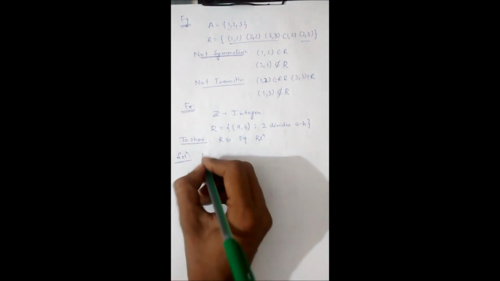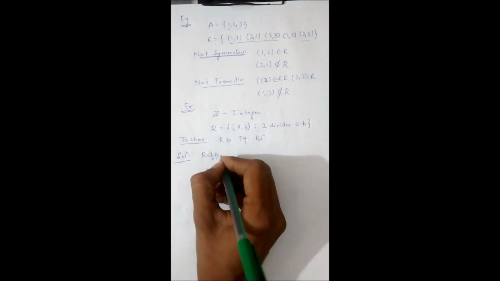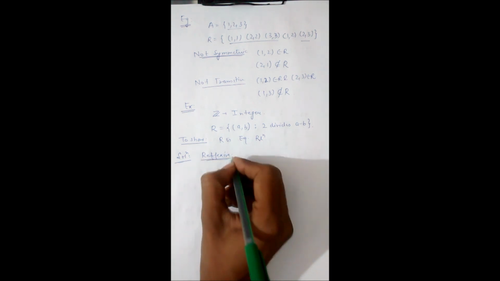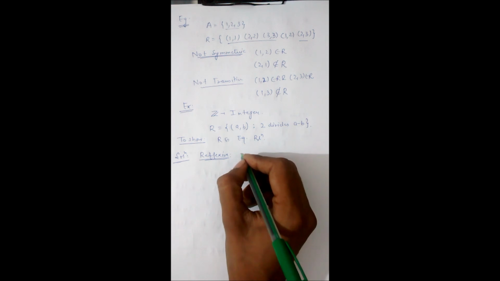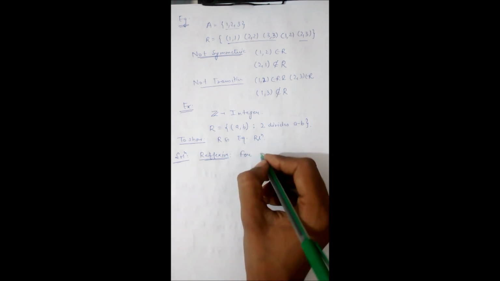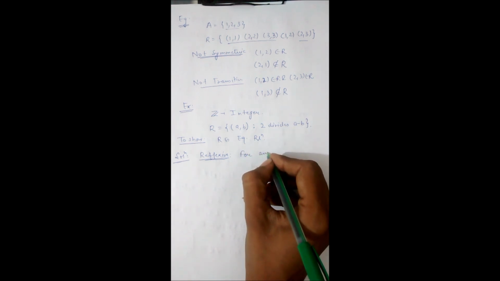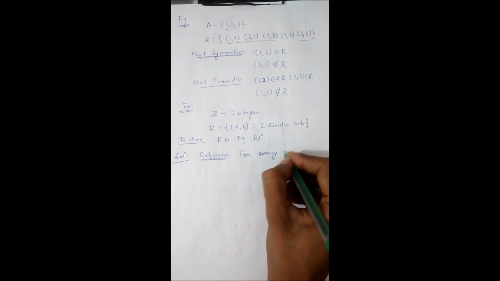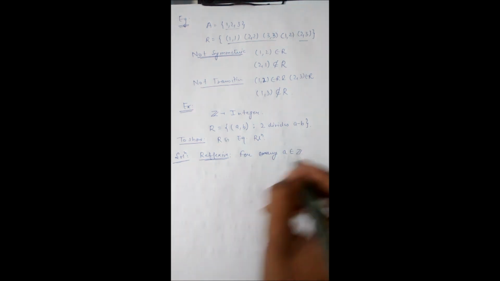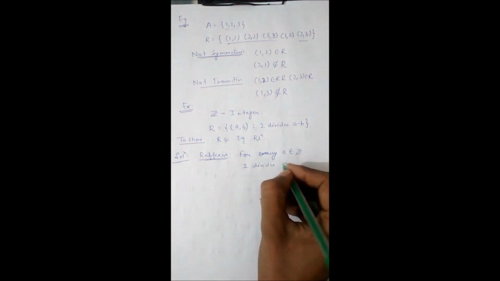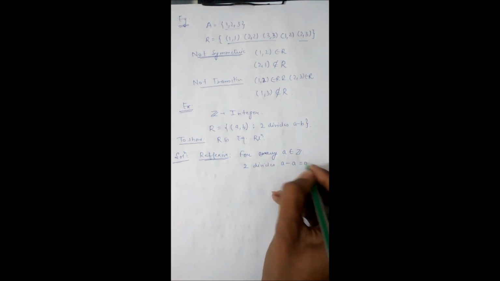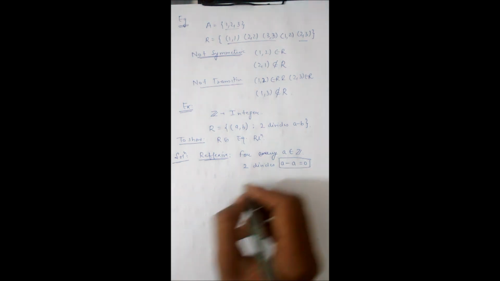Okay, so whether this is reflexive or not. Of course this is reflexive, because for every element a in the set of integers, 2 divides a minus a, because this makes it 0.